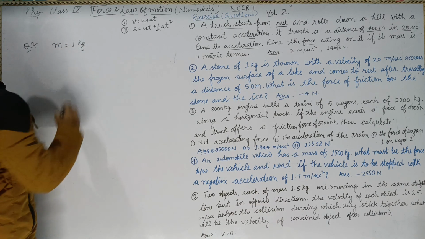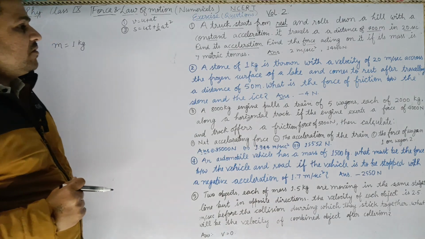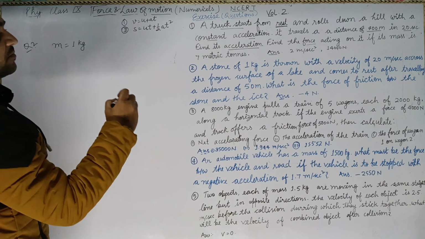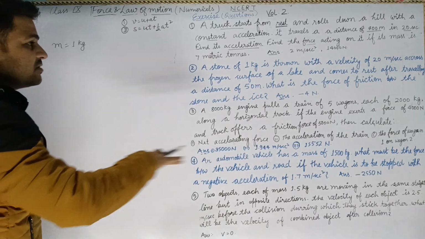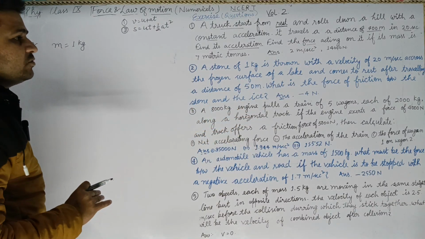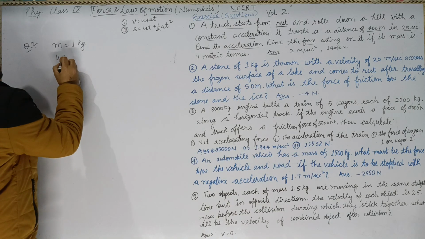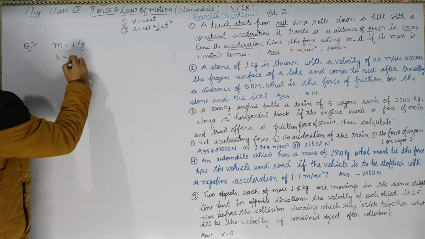The mass of the stone is 1 kilogram. A stone of 1 kg is thrown with a velocity of 20 meter per second across the frozen surface of a lake and comes to rest after traveling a distance. So the initial velocity of the thrown stone is 20 meter per second.